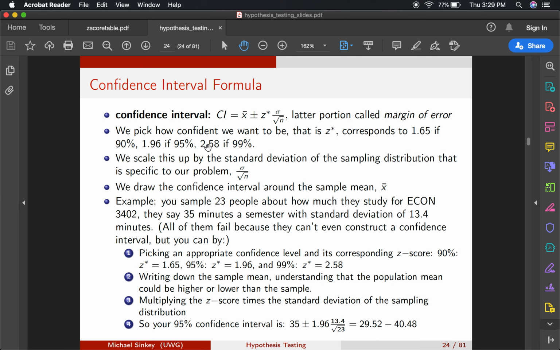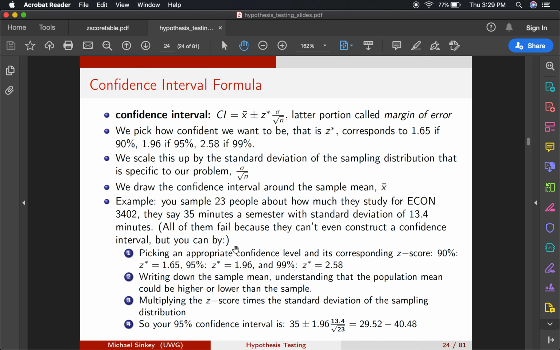And let's say you sample 23 people about how much they studied for Econ 3402. And they say 35 minutes a semester, which is terrible. That's the sample mean. The standard deviation is 13.4 minutes. I can make a confidence interval that captures the true population mean X% of the time. I plug in the z-score.